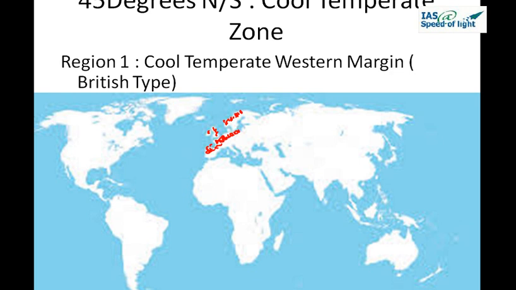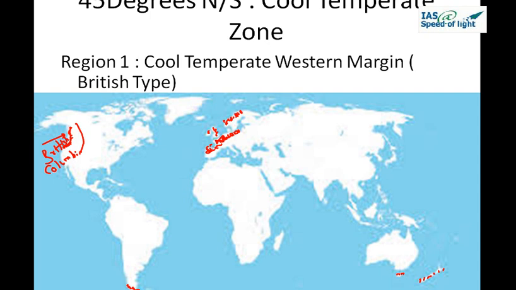The same type of climate we find in a stretch here in America as well, where these are the Rockies, and these Rockies block the westerly winds here and give a lot of rainfall in this type of place, which is British Columbia. Then the southern part of Chile, and most of New Zealand. So these are the western margins of the continents.